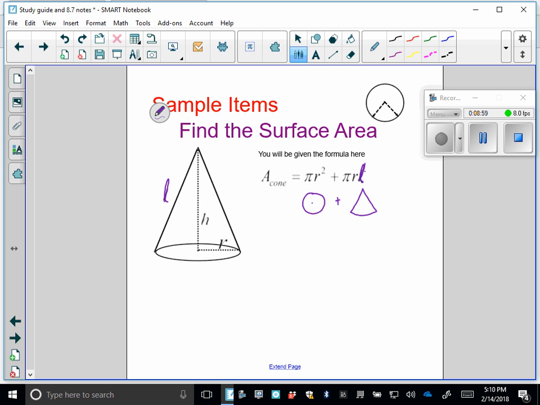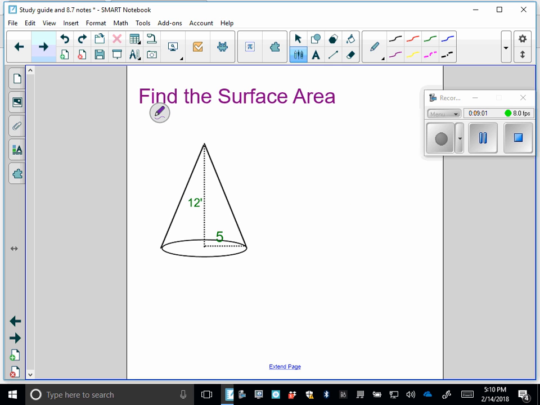So pi r squared plus pi r L. So area of a cone is pi r squared plus pi r L, and r is 5, and we need L here, but this is a right triangle, so this is a 5, 12, 13 Pythagorean triple.